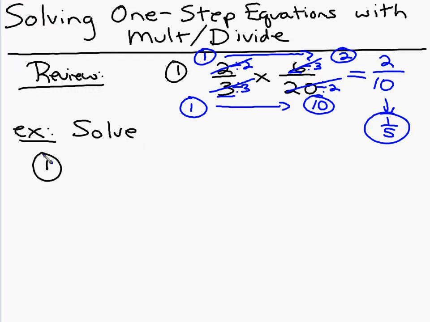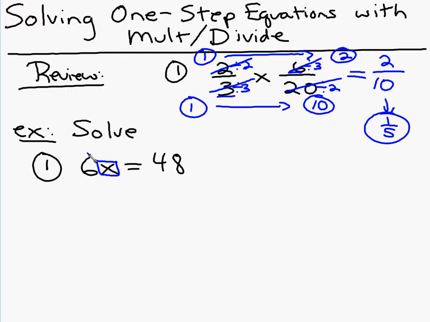Let's say that I have 6x equals 48, and I want to solve it. Well, what I told you the other day is we want to focus on getting x by itself. I want to get this x by itself, which means I need to move what to the other side?